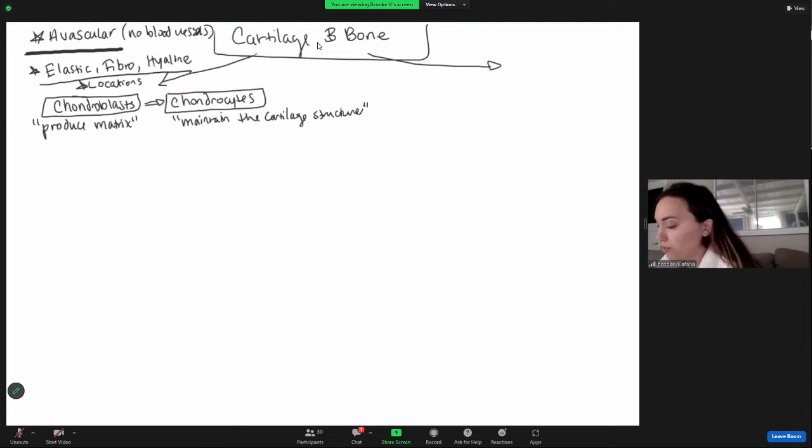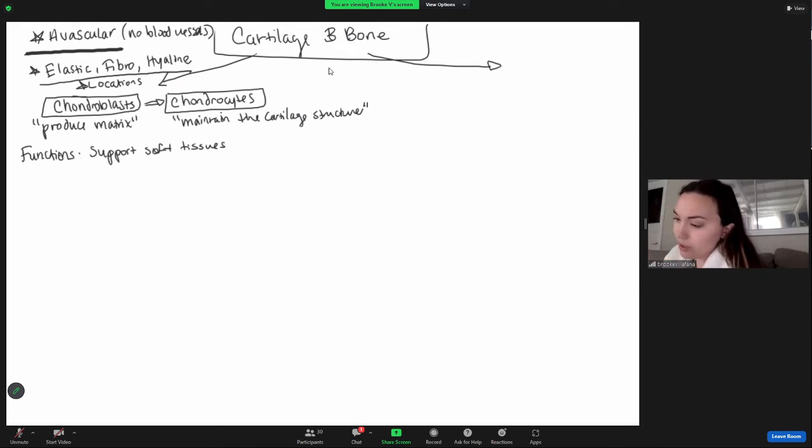And then what are our functions of cartilage? Cartilage functions to support soft tissues. That's one of its functions. It also functions as a gliding surface at articulations. Okay, so basically within the joints, those glide past each other.